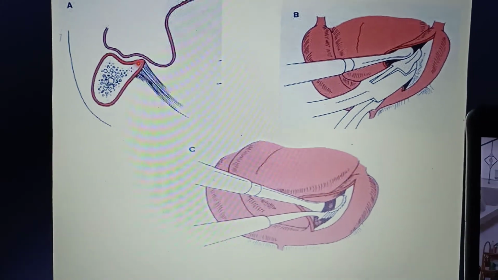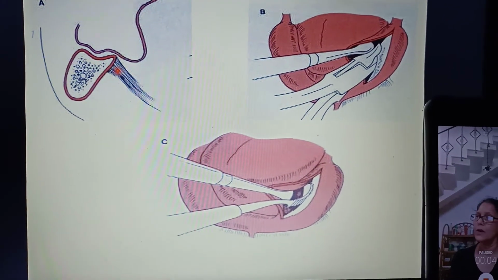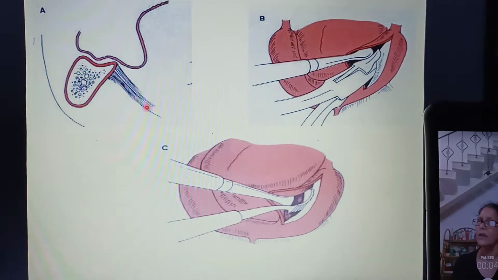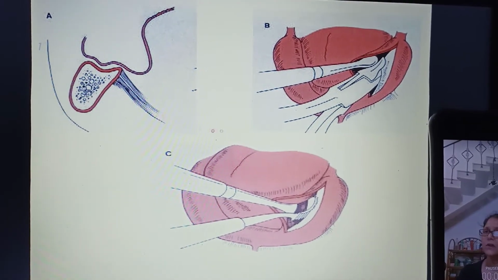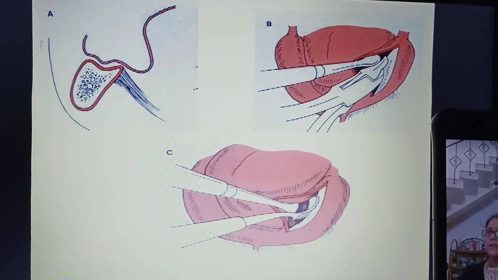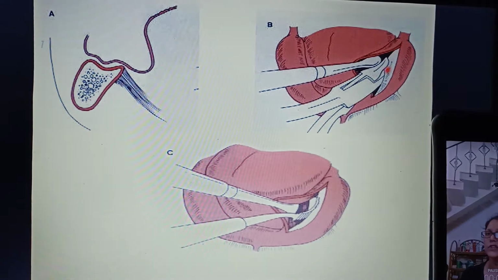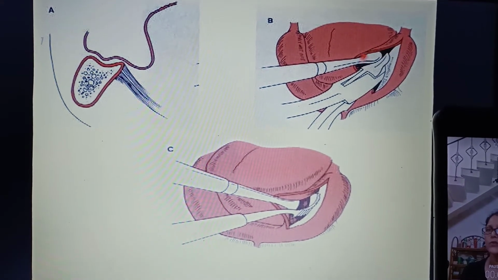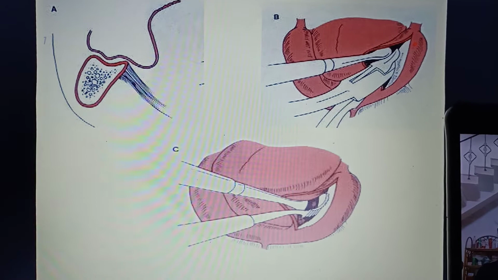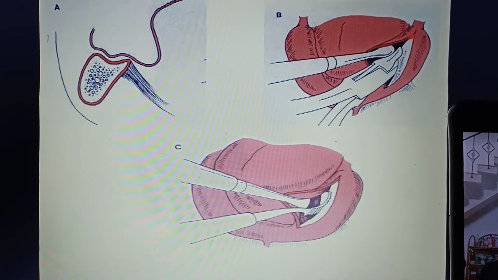So that is the attachment of the mylohyoid muscle quite high on the ridge. That is the crestal incision which has been used to expose the bone and the mylohyoid ridge.